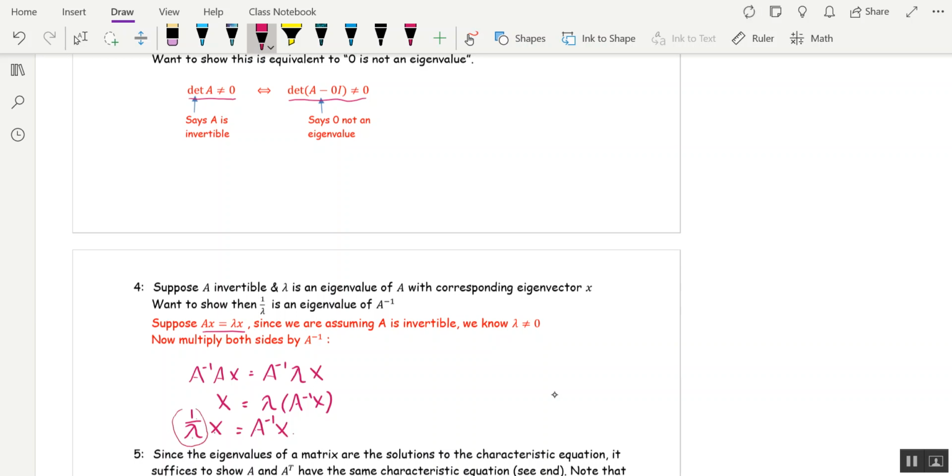So 1 over lambda is an eigenvalue for A inverse.